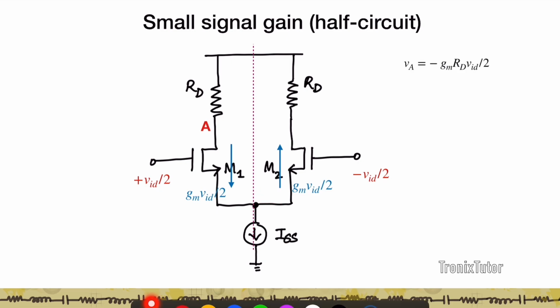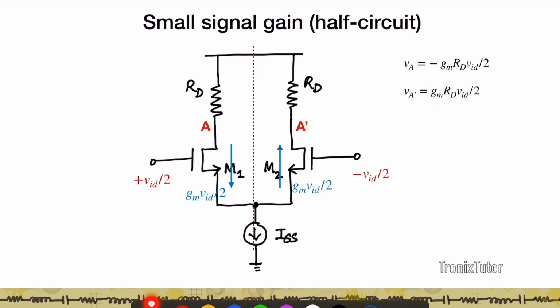Now let's look at this output node A, right? This gmVID by 2 is going to flow through RD, causing the voltage at A to fall by gmRD times VID by 2. Similarly, this current is flowing into RD, so therefore VA prime is plus gmRD VID by 2.